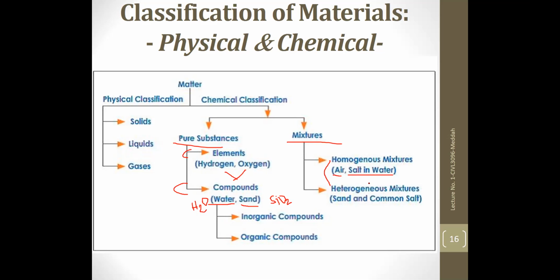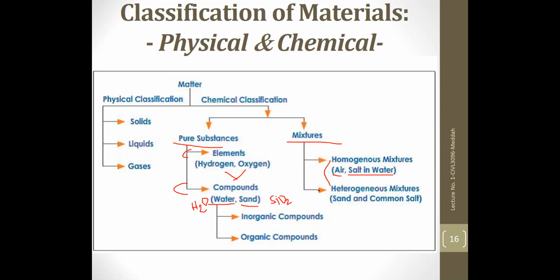So this is why it is classified as a homogeneous mixture. It is a mixture, but it is homogeneous because you cannot distinguish between the two phases: the phase of solid salt and the phase of the liquid, which is the water.